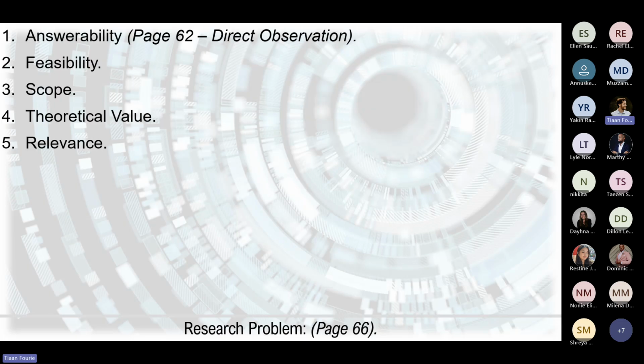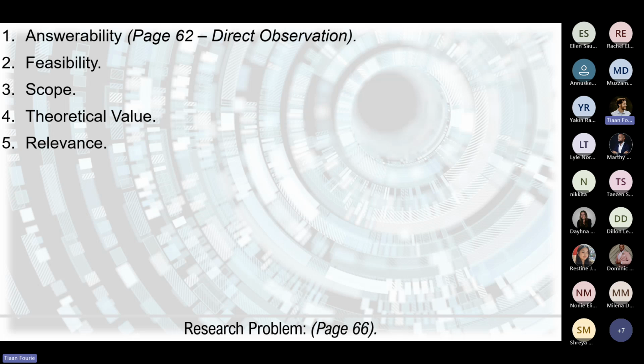So for your research problem, how do you know if it is a good research problem? It shows these five aspects from page 62. These five aspects are represented in your research problem. You do not list these in your research problem, but you use them as a guideline.